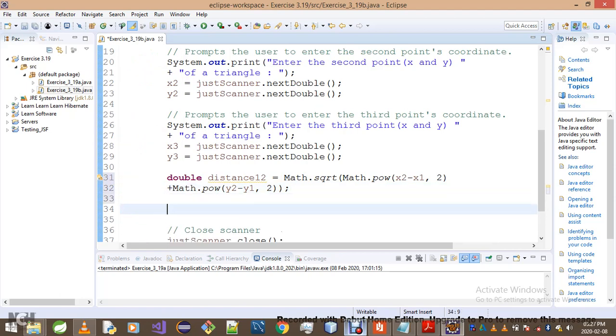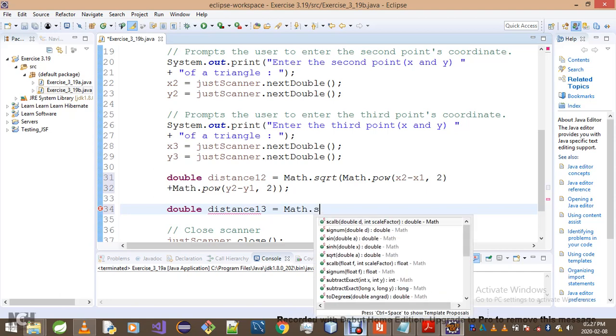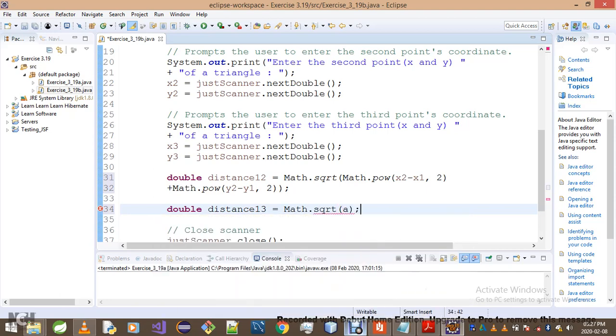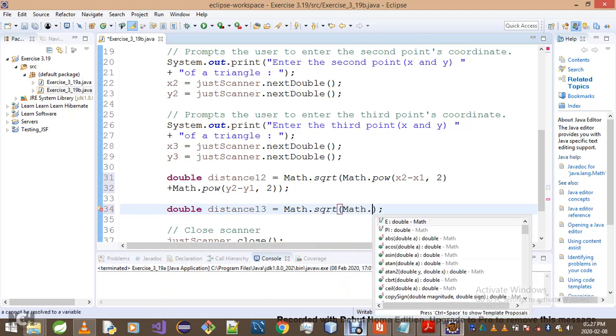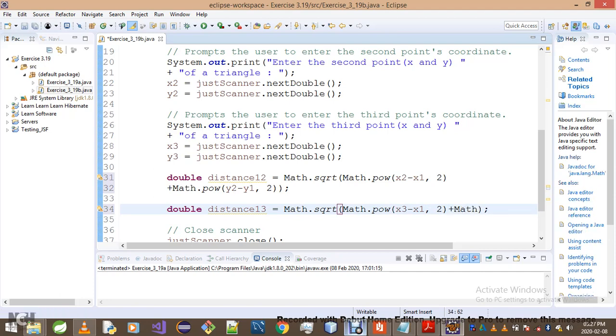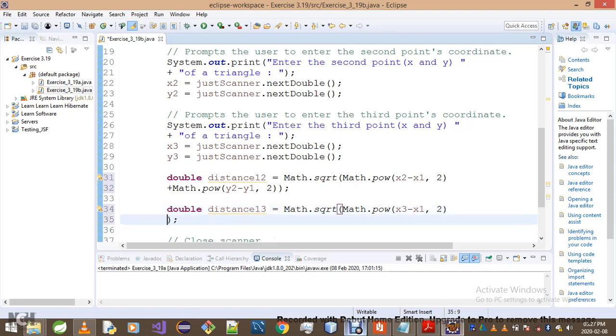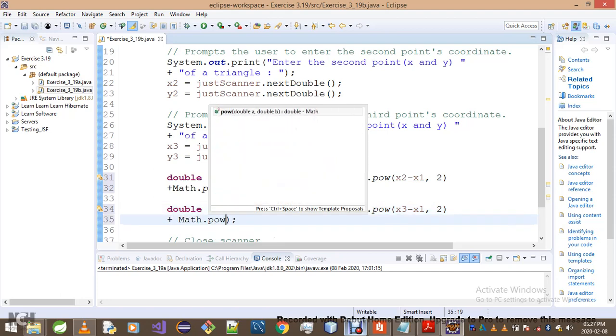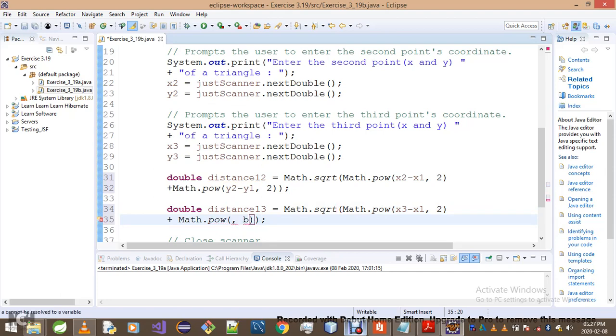Likewise for the double distance between point number 1 and number 3, we'll do one and the same thing, which is to calculate the square root of method power of x3 minus x1 squared, and then we add method power of y3 minus y1, squared as well.